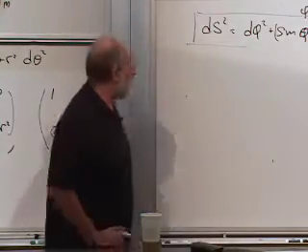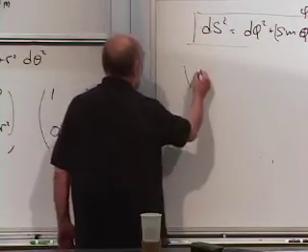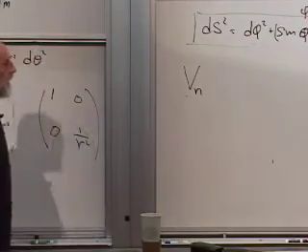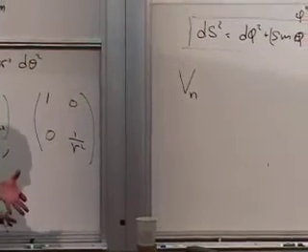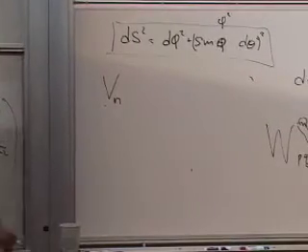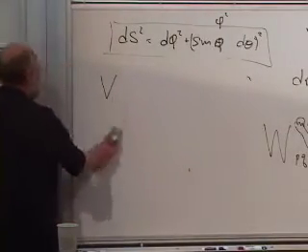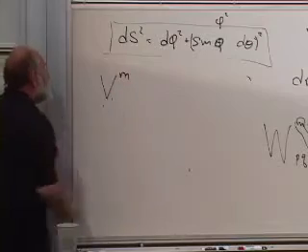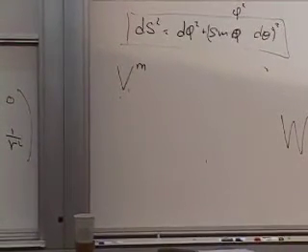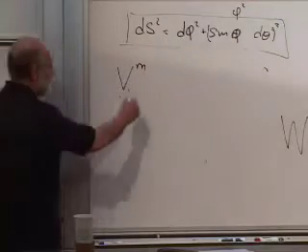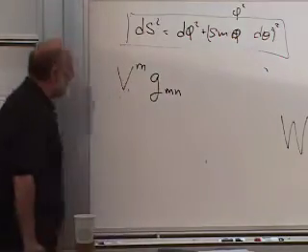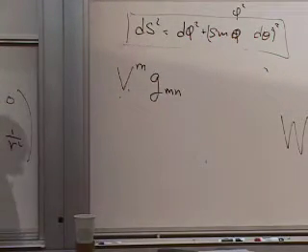Here's the rule. If I give you a set of contravariant components, I can construct from it and the metric tensor an object with a lower index, by multiplying it by G_{mn} and summing over m.